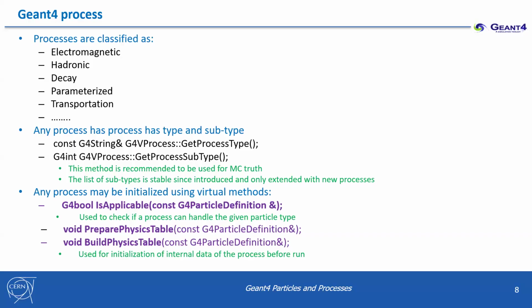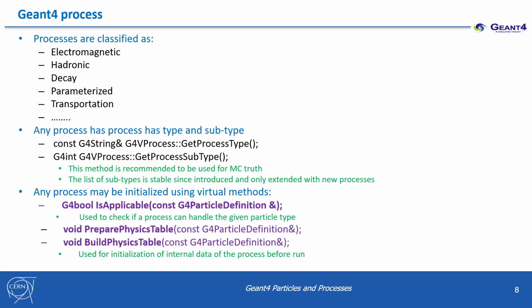The list of subtypes is stable since it was introduced. With time, we add extra subtypes, but we never change and we never delete. We never change what is already in previous versions of G4. We only add extra subtypes if a new process appears, and we include new process in G4 distribution.